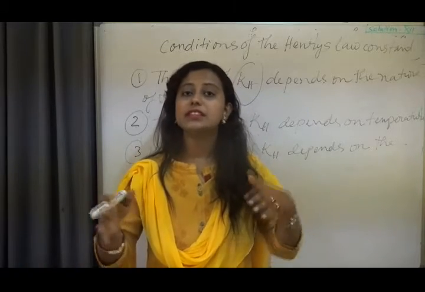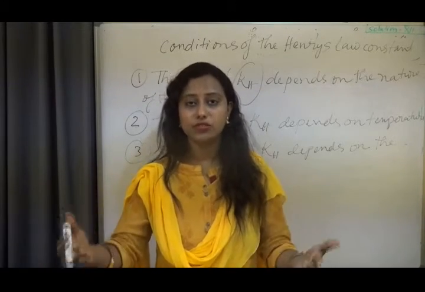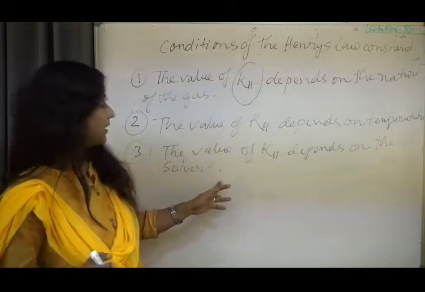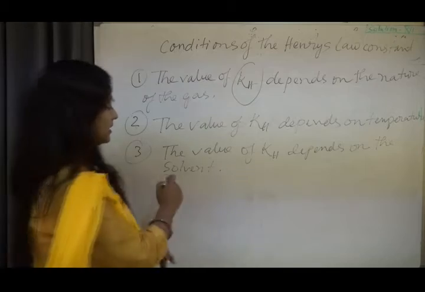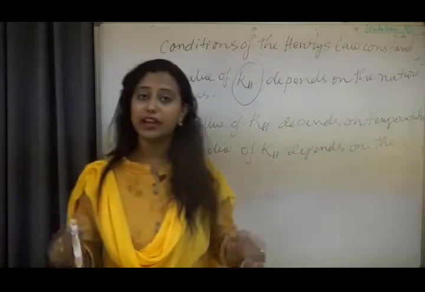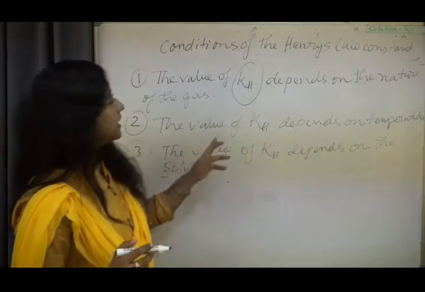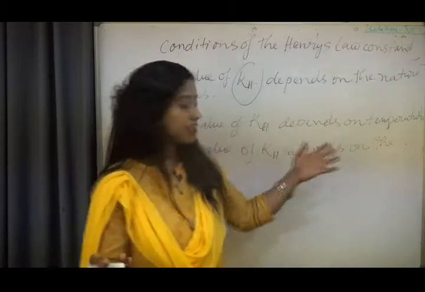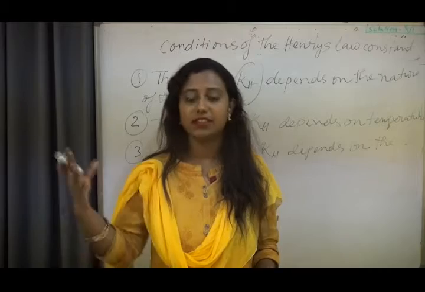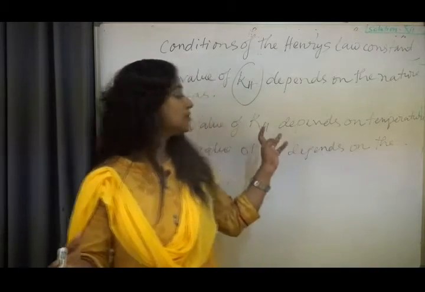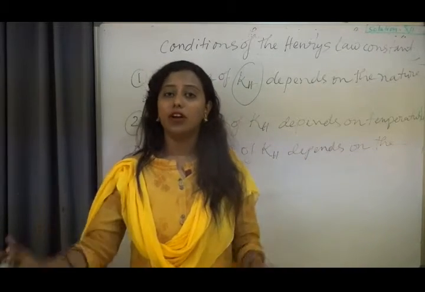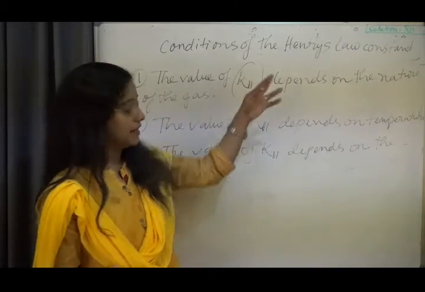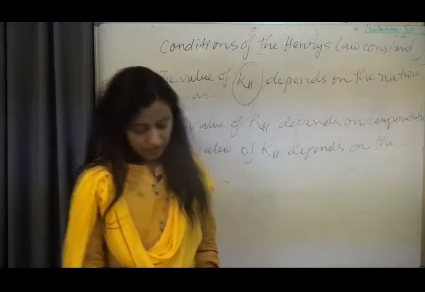The rate at which they mix with the solution and the constant will differ. So it depends on the solvent in which that particular gas is dissolving, and it also depends on the temperature. If we increase the temperature, then this proportionality constant will also increase. So the Henry's law constant depends on these 3 factors.